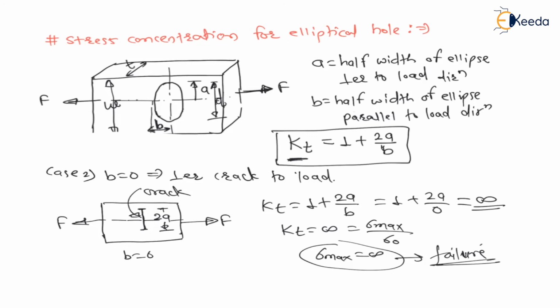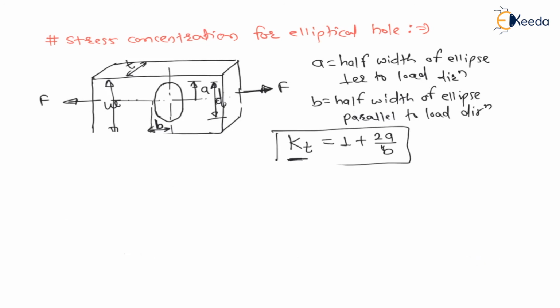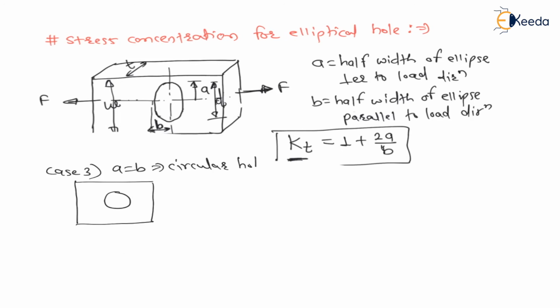Now the third special case is a circular hole. Let us say the crack is circular. Let us say for this plate there is a circular hole, that is case 3, a is equal to b, that means a circular hole in the plate, and let us say force F is applied. Now this is a circular hole, means a is equal to b.